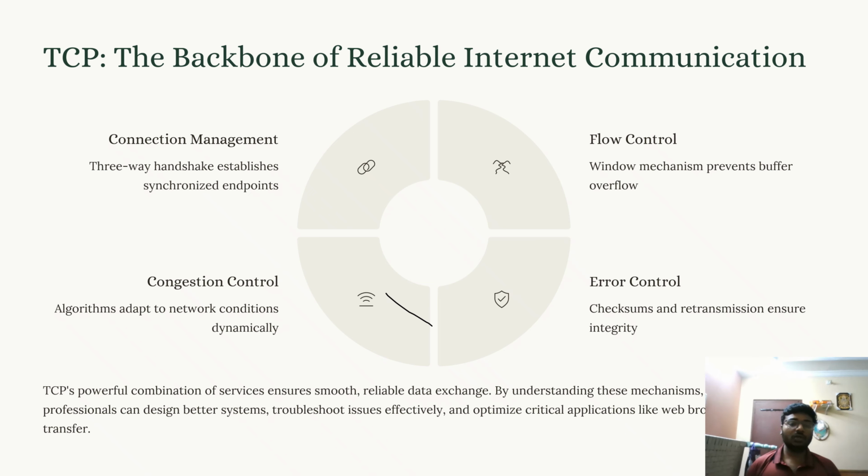Understanding TCP not only helps us appreciate how the internet works, but also guides us in solving network issues and designing better applications. Whether you are a developer, student, or IT professional, knowing TCP is essential for building robust and reliable solutions that power our daily digital lives.